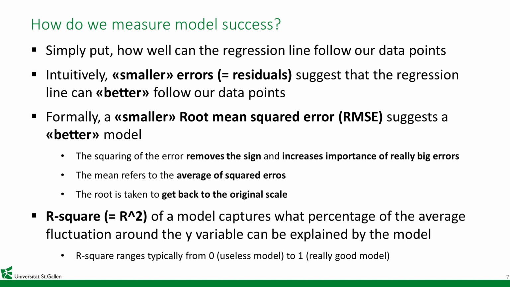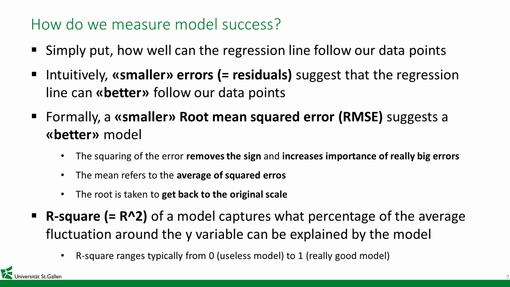Now, just generally speaking, the model is better if the regression line can follow our data points more closely. Intuitively, this means smaller errors, so the ones we just calculated, suggest that the regression line can better follow our data points because we don't under or overestimate that much.